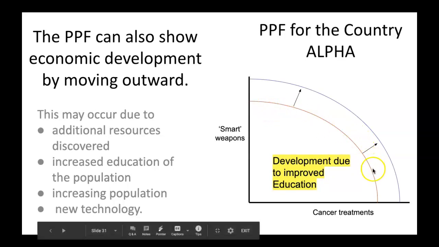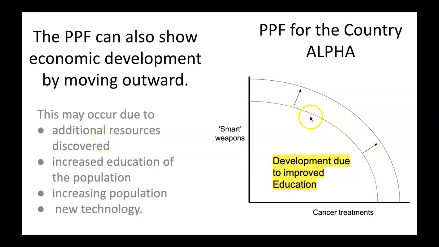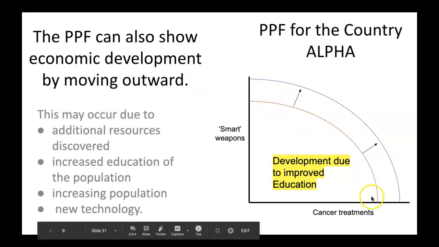Remember, this is production possibilities. Same with oil. You end up with much more oil. You can use energy at higher rates. Again, you'll be able to produce at higher rates with that available. So sometimes this curve itself can shift, and it'll be due to some of these reasons. So it's able to show economic development as well.